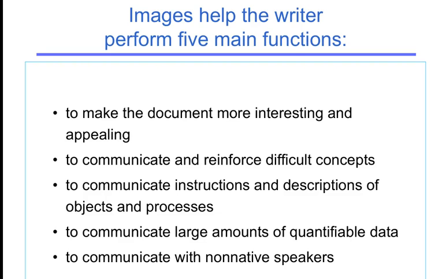So images help make a document more interesting and appealing. Everybody would prefer to see pictures than just read straight text. They can communicate and reinforce difficult concepts. So it can tell your reader what is really important and emphasize what they need to know. And you can do that through using bold or italics. There are lots of different ways that you can do that.